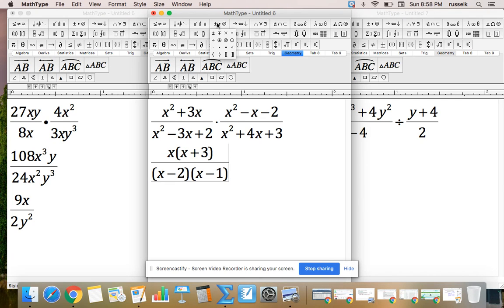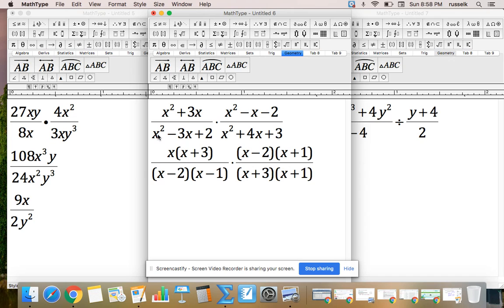In our second fraction, in the top I need to x factor. That would give me x minus 2 times x plus 1. And once again, x factoring the bottom of the second would give me x plus 3, x plus 1.